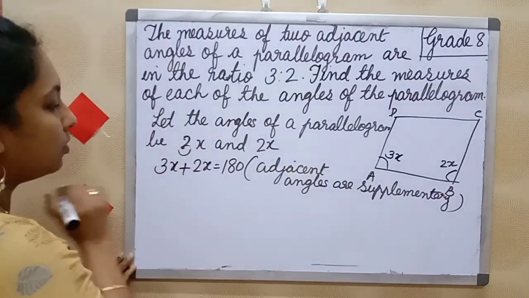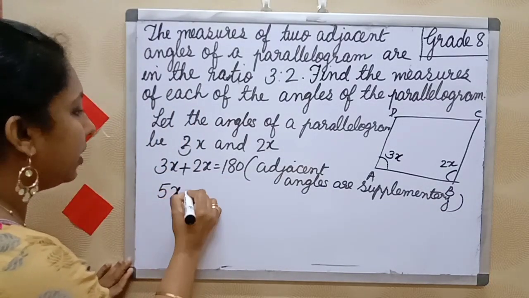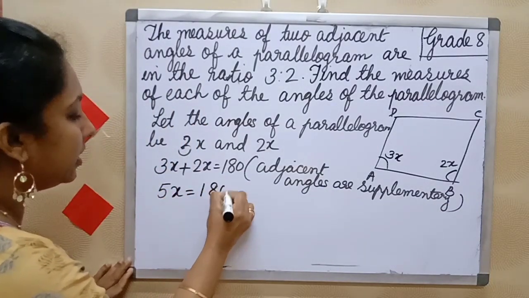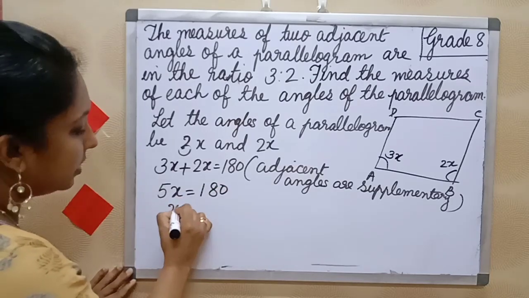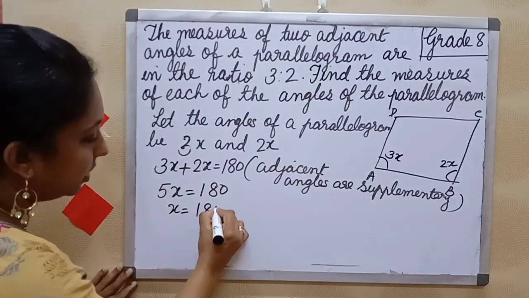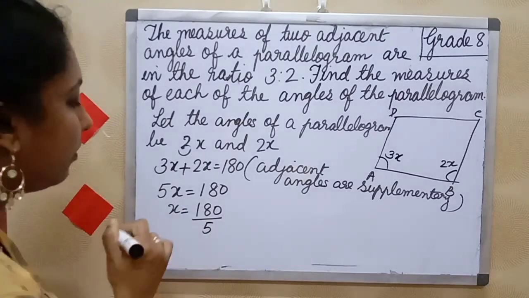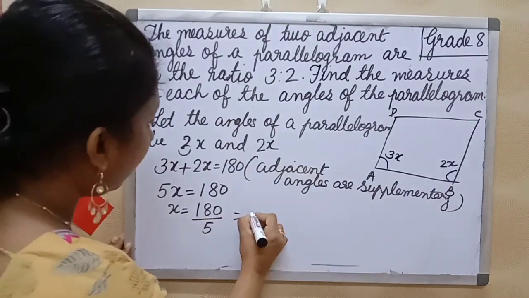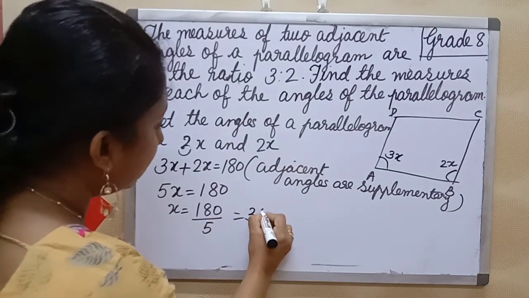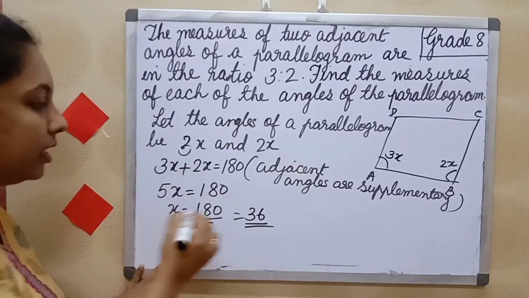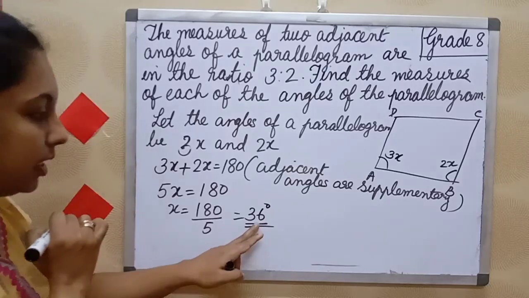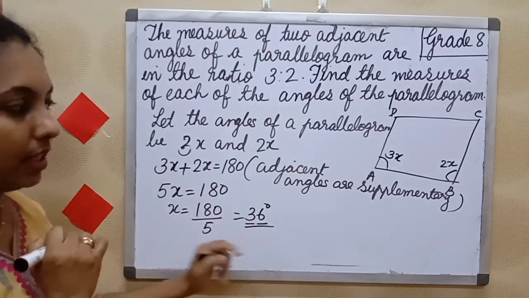So 3x plus 2x is 5x. 5x is equal to 180 degrees. Then x is equal to 180 divided by 5. 180 divided by 5 is 36 degrees. X is equal to 36.